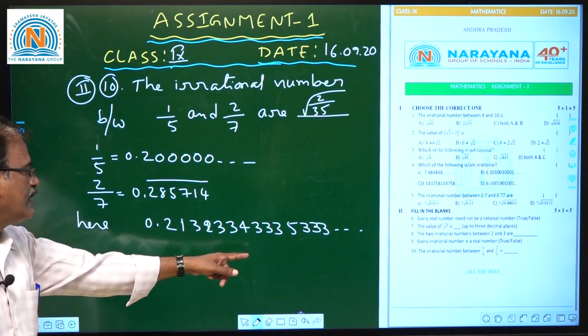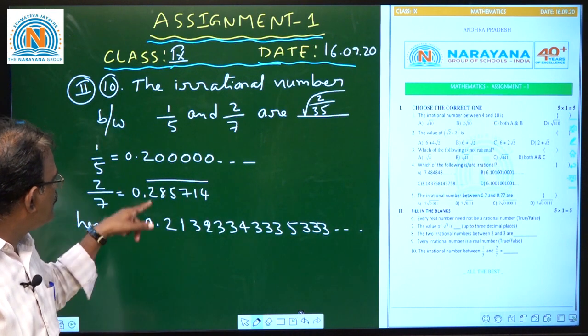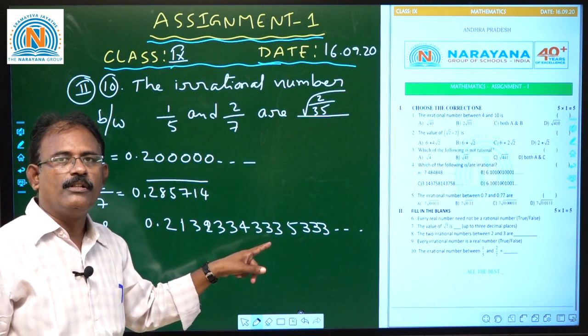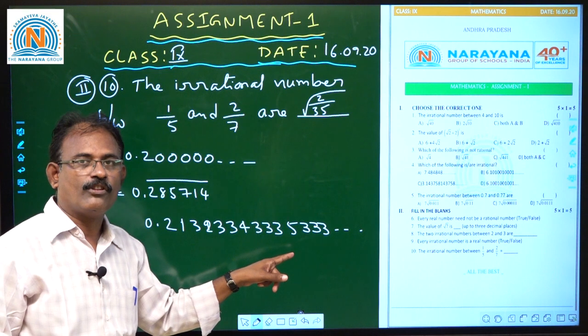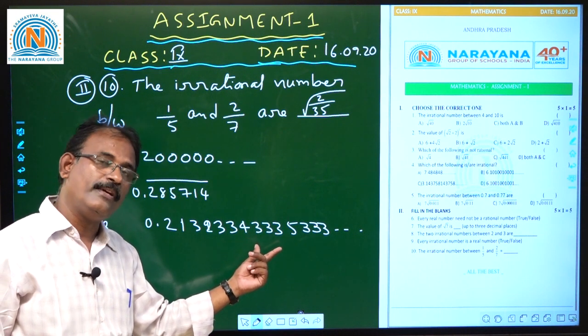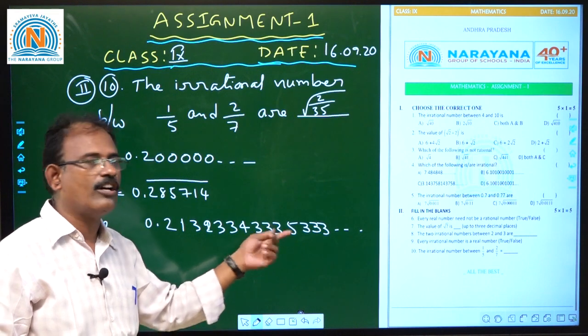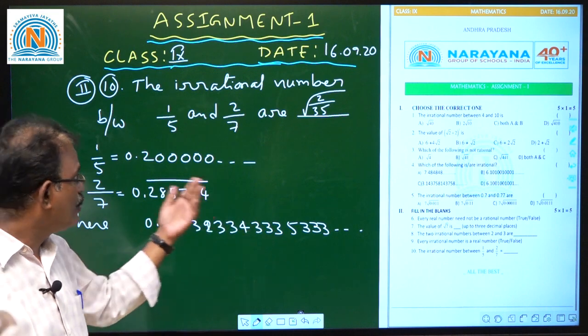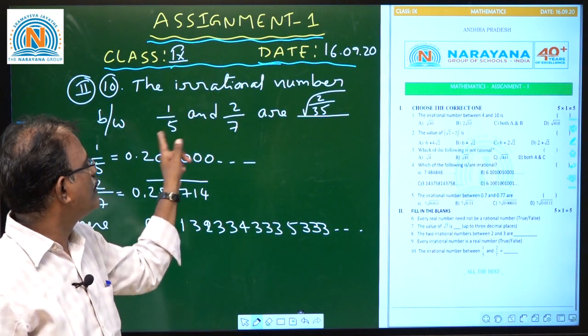See, this is between these two, and it is not possible to convert it into a periodic decimal. We cannot fix the periodicity. It is a non-terminating, non-repeating decimal. We cannot convert it into P by Q. So it is also one of the irrational numbers between the given numbers.